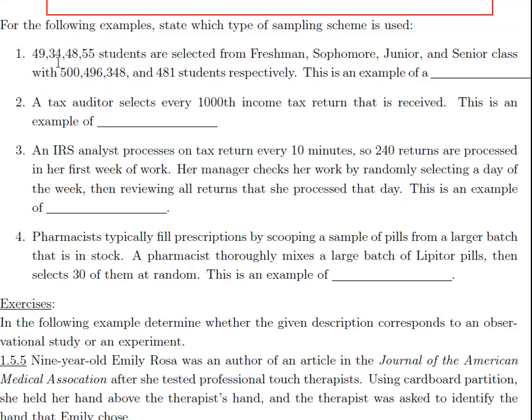So for the following examples, state which type of sampling scheme is used. So we have 49, 34, 48, 55 students are selected from freshman, sophomore, junior, and senior class with 500, 496, and 348, 481 students respectively. And so we want to state which kind of sampling this is. And this would be an example of stratified.